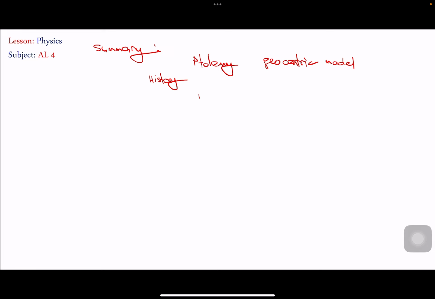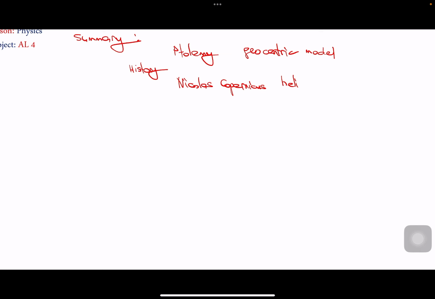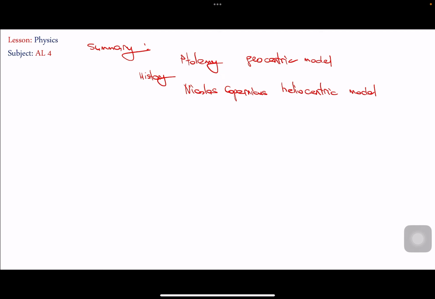And the second brief calculation was made by Nicholas Copernicus. His prediction was very brave. He said that no, all planets are revolving around the sun, and he developed his heliocentric model. He said that all planets are revolving around the sun in circular orbits.